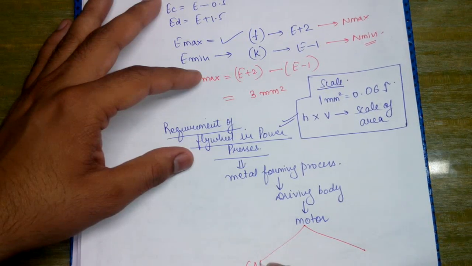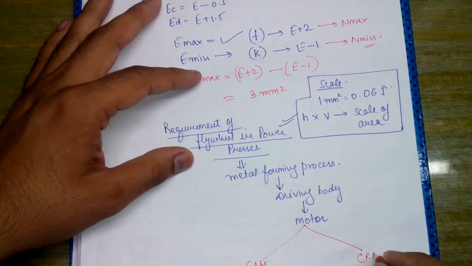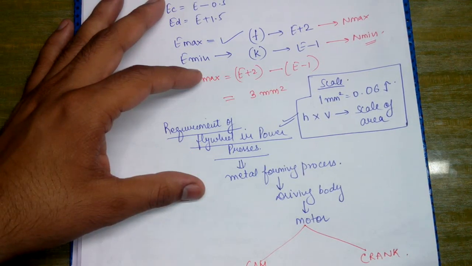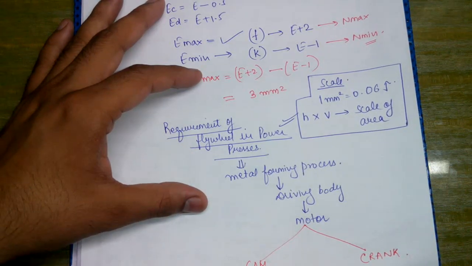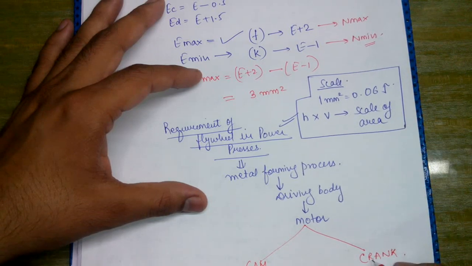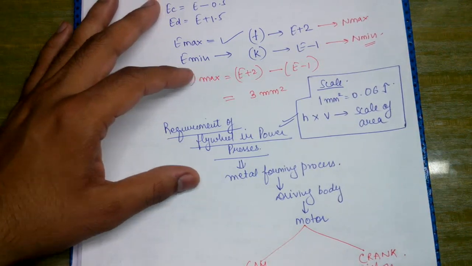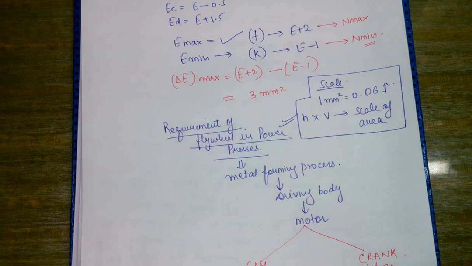One of them is the cam and the other one is the crank. In the cam we have a follower, which is the punch in this case, and the crank is the piston which also acts as a punch. So that is the requirement of a flywheel in the power press.